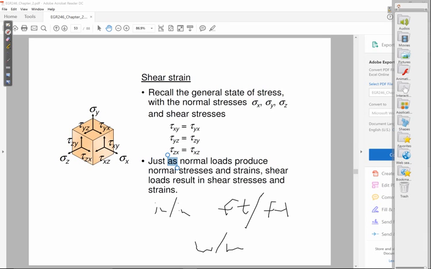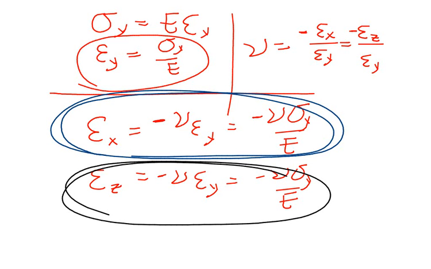And it actually works out quite well for Hooke's law, because then Young's modulus has the same units as stress. So Hooke's law tells us sigma is equal to E epsilon.